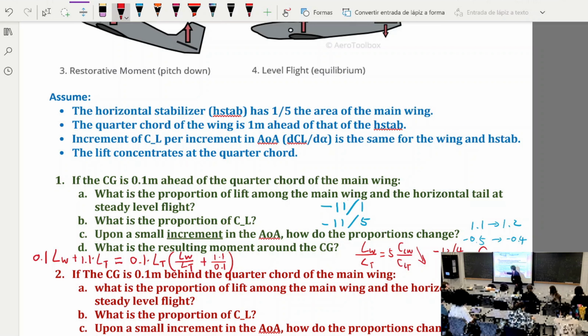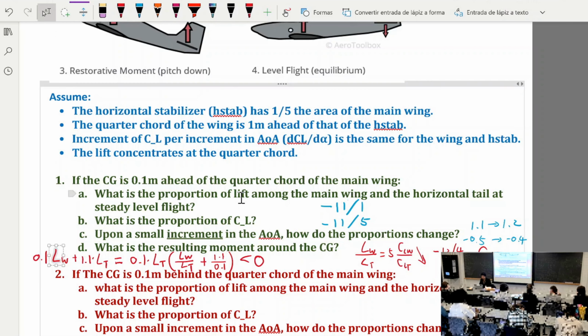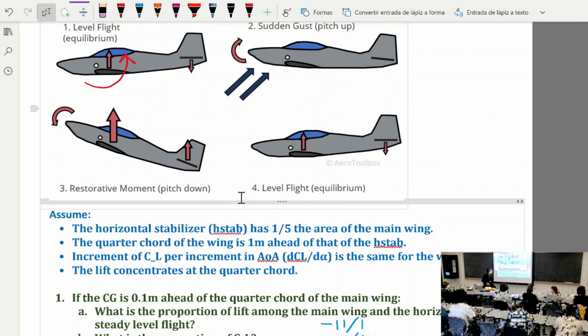So which means this number initially, without the changing angle of attack, is going to be exactly 0, right? This is plus 11, this is minus 11. Okay, now this number gets closer to minus infinity. It decreases, right? Which means this number, instead of being 0, is going to be negative. Okay, a negative moment in this direction.